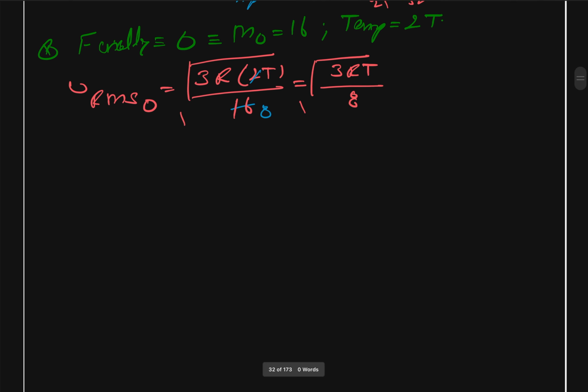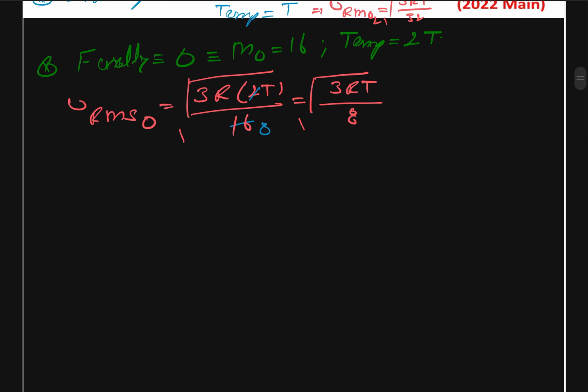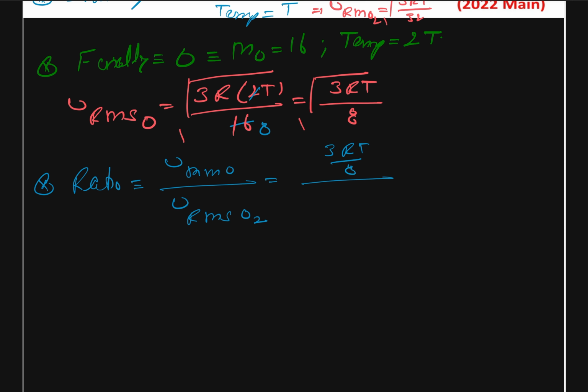So we simply find out the ratio. The Vrms for atomic oxygen to the Vrms for the molecule will be equal to the square root of 3RT upon 8 over 3RT upon 32. 3RT goes away, and this comes as 32 by 8, which is the square root of 4, coming as 2.